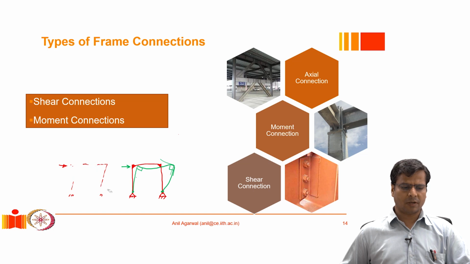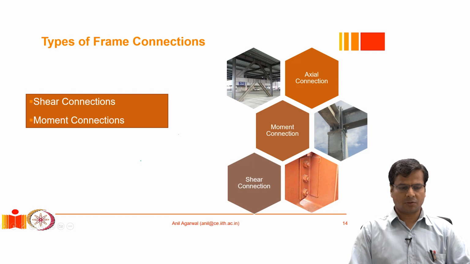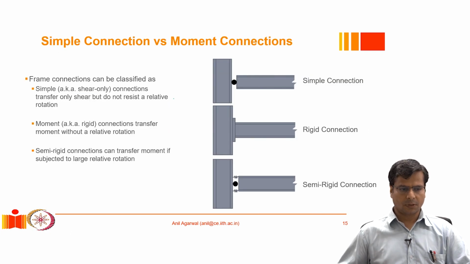In this section, we are going to talk about the simple connections which do not offer moment resistance, so that they could be used in frames which are not going to be there to offer resistance against lateral loads. A simple connection can be schematically represented with this diagram.